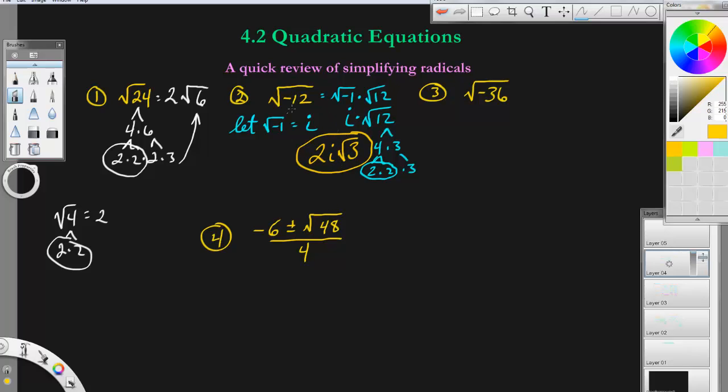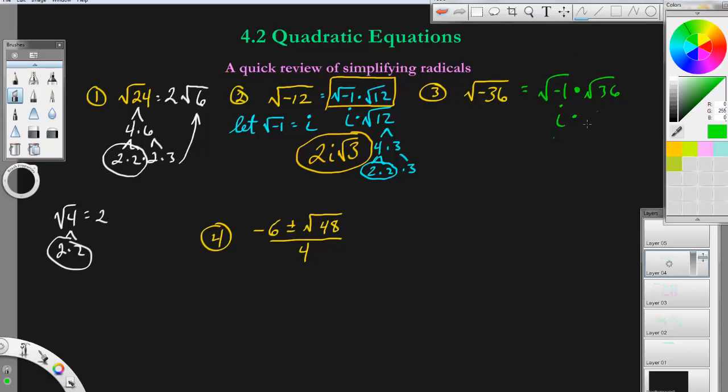And if you've always kind of stunk up the place at simplifying negative radicals, go back and watch that again, because this is the secret to it right here. That's the trick. I'll do it again right here. Watch. If I'm doing this, this is nothing more than the square root of -1 times the square root of 36. What's the square root of -1? That's i.